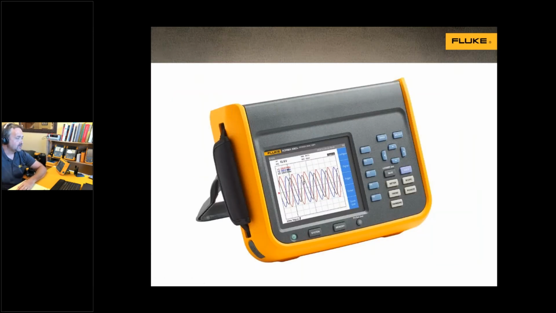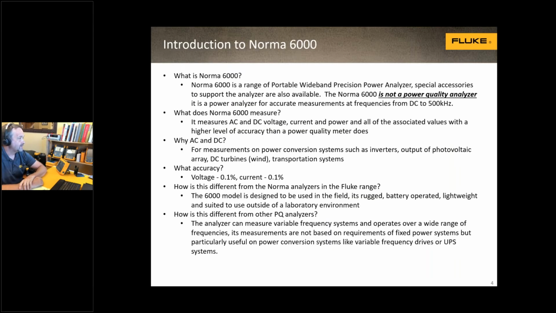The Norma 6000, again, is not a power quality analyzer. It's really a power analyzer. The separation between the two is that a quality device is designed to capture events specific to your power quality system and categorize those based on a standard.